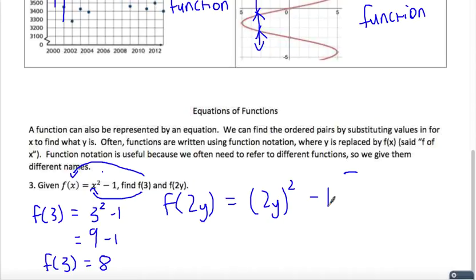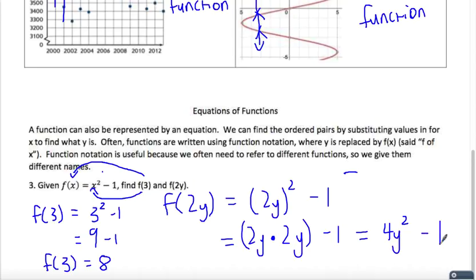And notice (2y) squared, another way to say that, because squared means multiply it by itself, is (2y) times (2y), minus 1. And then 2 times 2 is 4. And y times y is y squared. So we get 4y squared minus 1. And that would be f of 2y.